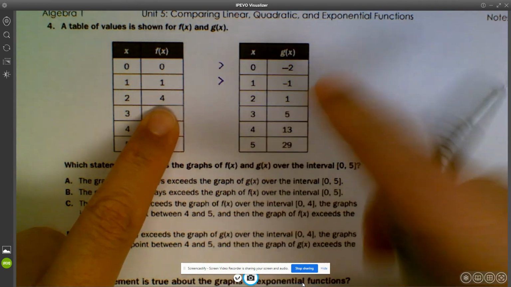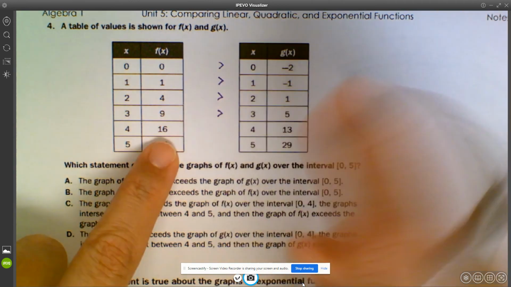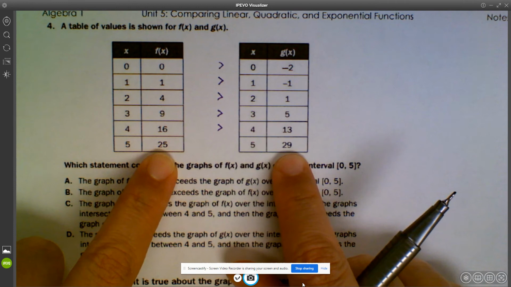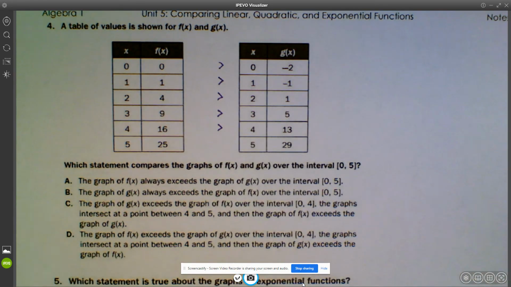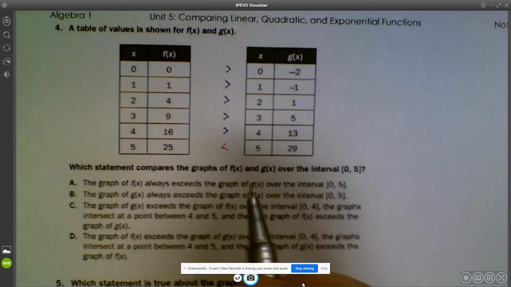Is 4 greater than 1? Yes. 9 is greater than 5. 16 is greater than 13. But, oh dear, 25 is less than 29. So this is not true.